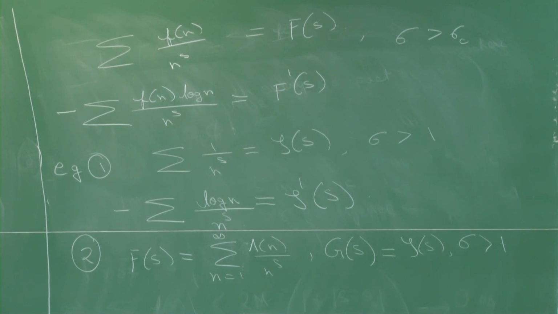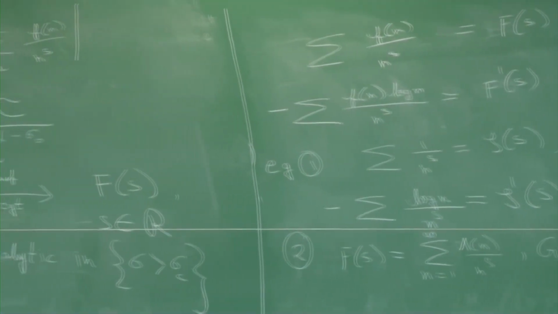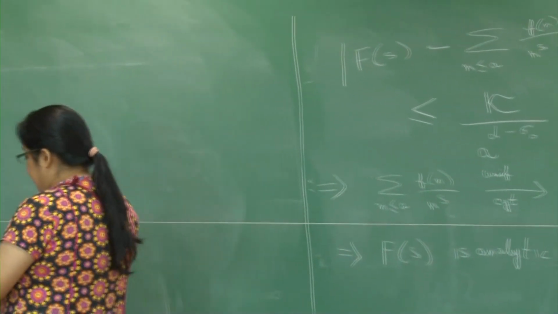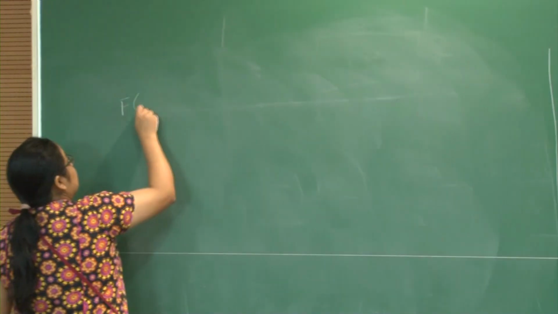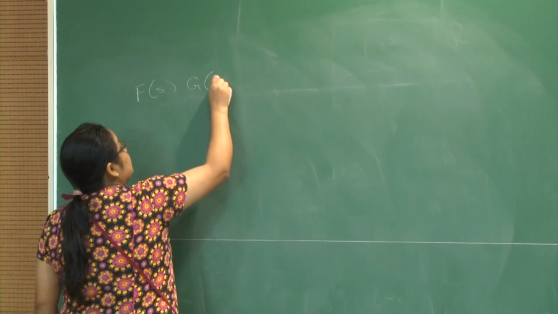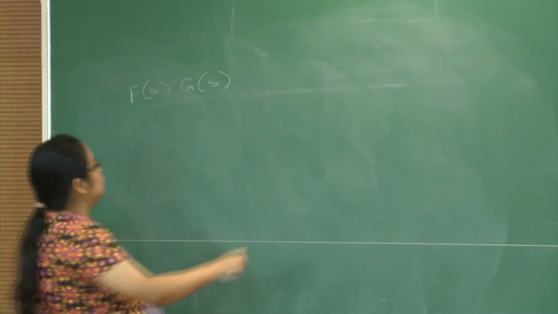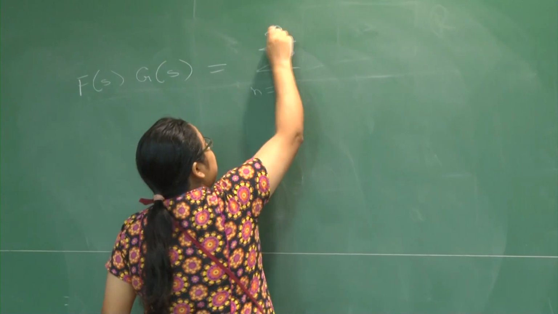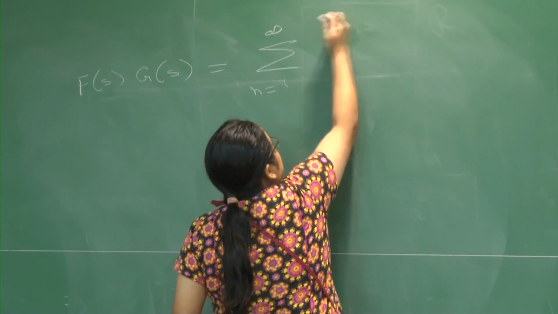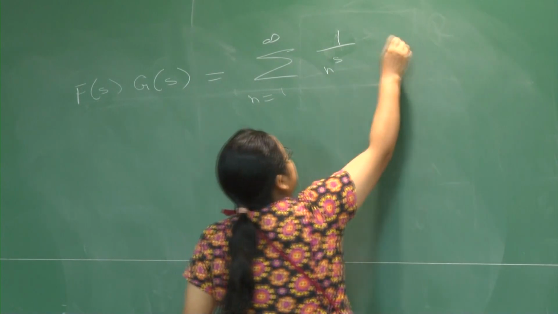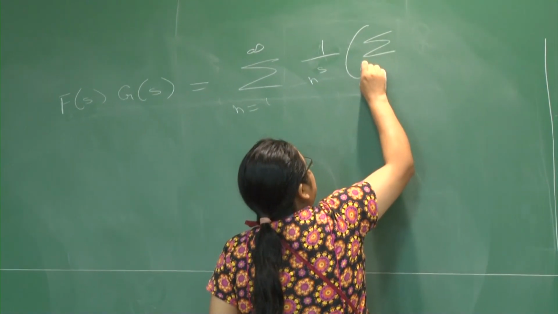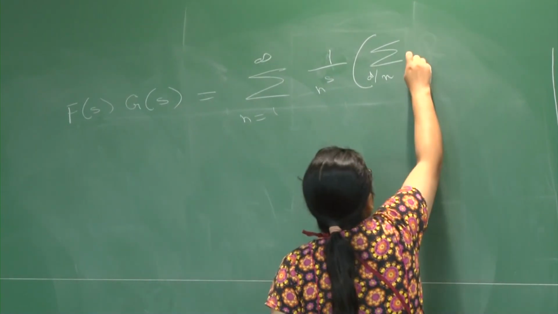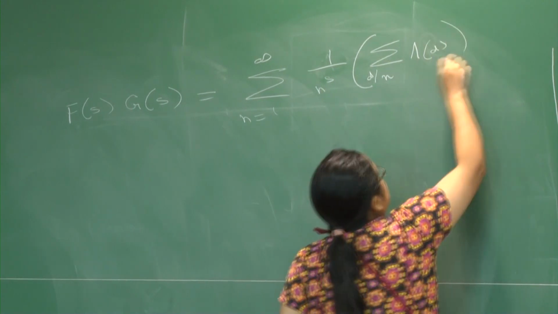So first what you have is that capital F of s times g of s is equal to the summation n going from 1 to infinity of 1 over n to the s, and each coefficient is of the form summation d dividing n of lambda of d times 1. This is just the convolution.